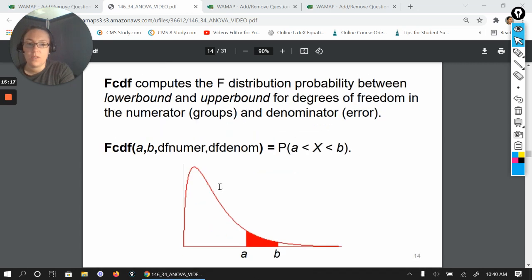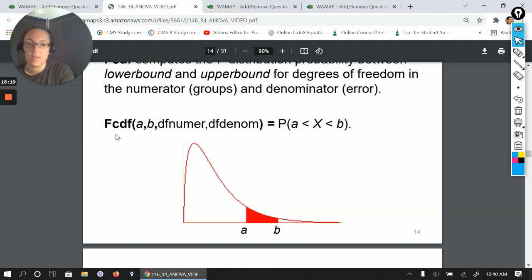So in our calculators, A is the lower bound, B is the upper bound, and then we would write the degrees of freedom for the groups and then the degrees of freedom for the error. This is going to give us the area under the curve between those 2 points, or in other words, the probability that a randomly selected data point would occur in that range.